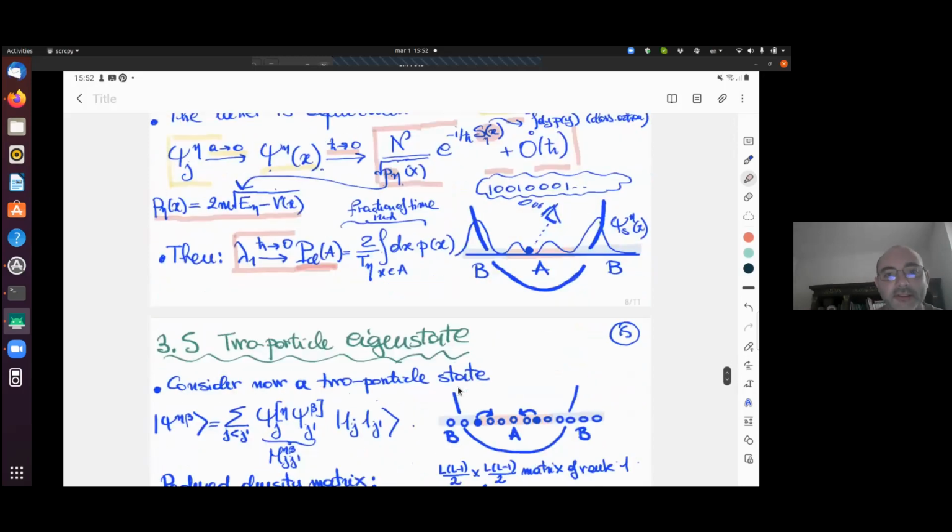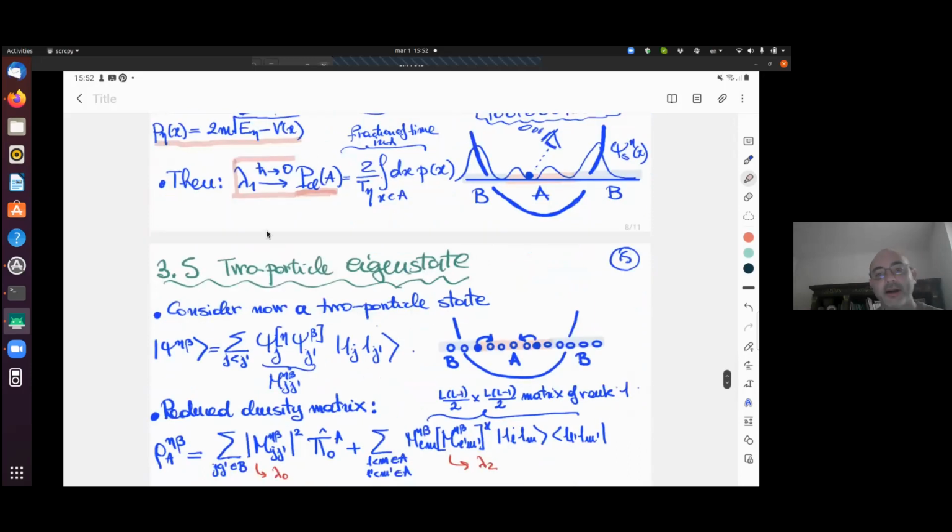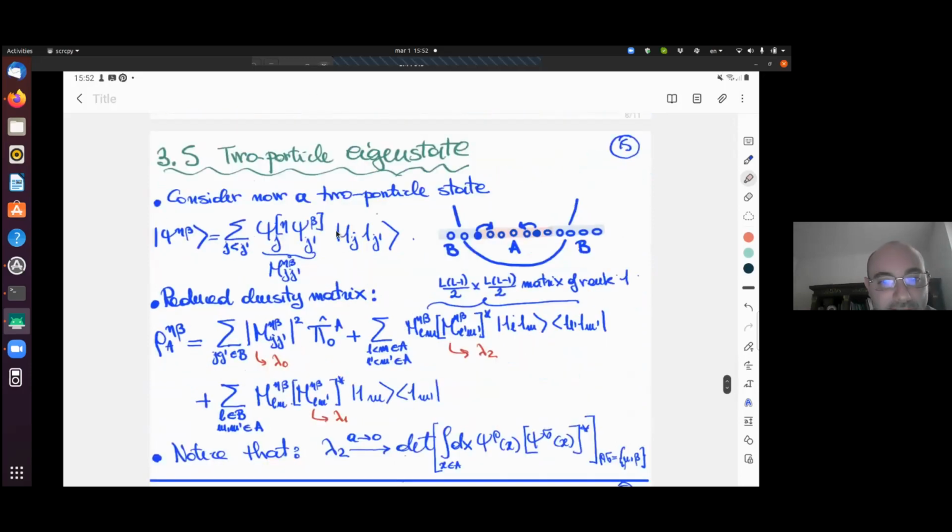Okay. The same can be done with two particles. So basically, we can consider a state with two particles, where now the wave function involves particle 1 and particle 2, which are hopping on this lattice. We measure.